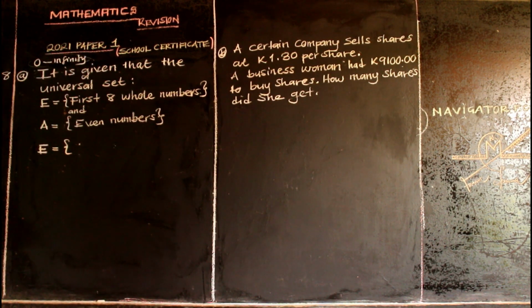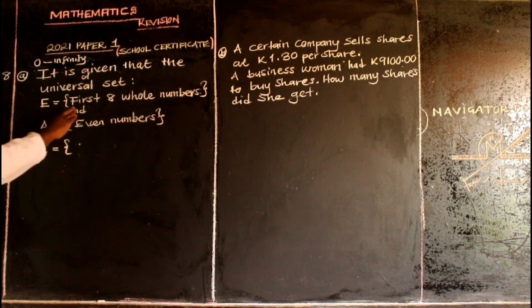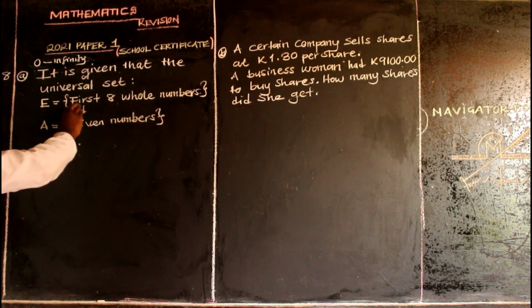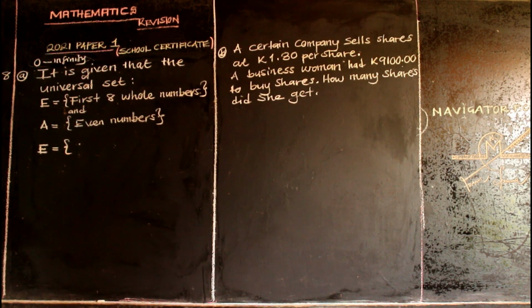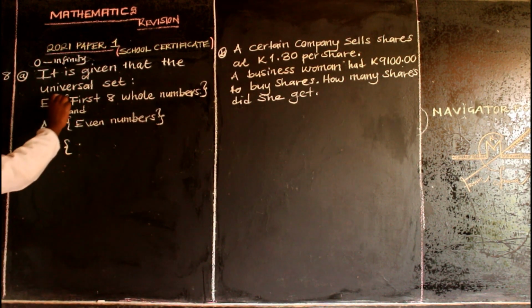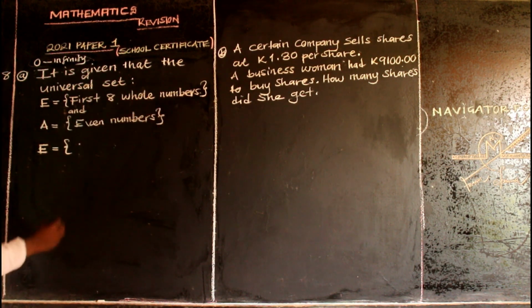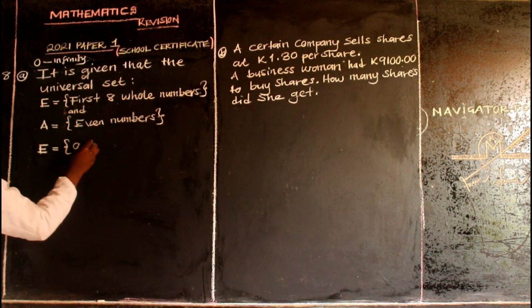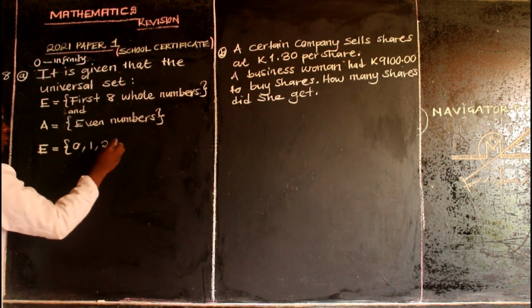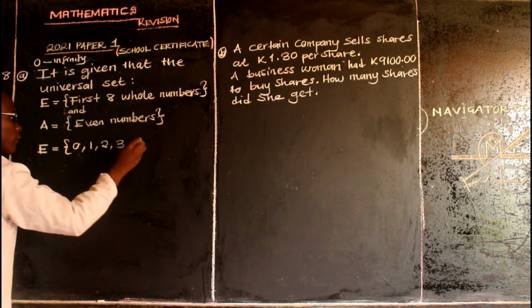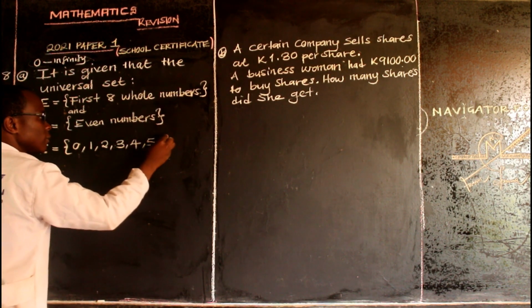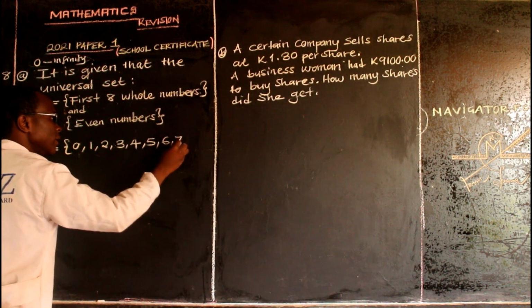0, 1, 2, 3, and so on, these are all whole numbers. Now, this one specifies the first 8 whole numbers starting from 0. So we're going to start from 0, then count 8 numbers: 0, 1, 2, 3, 4, 5, 6, and 7.